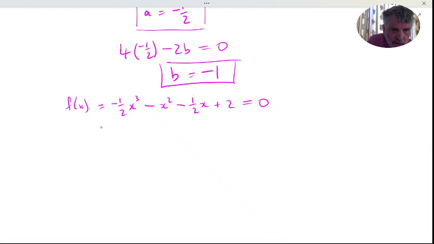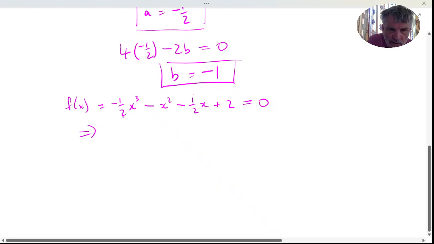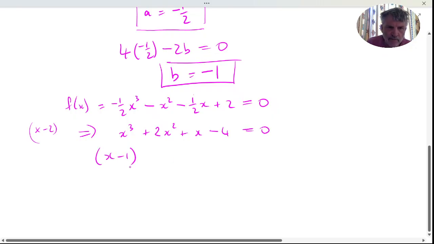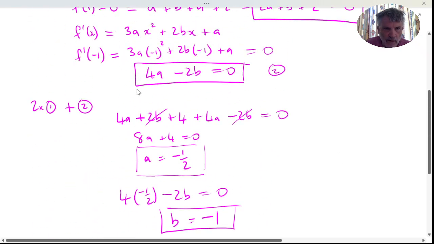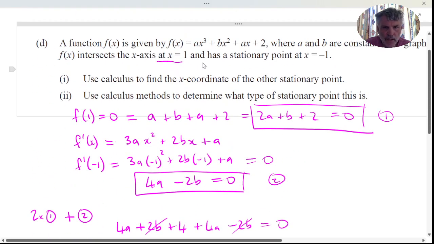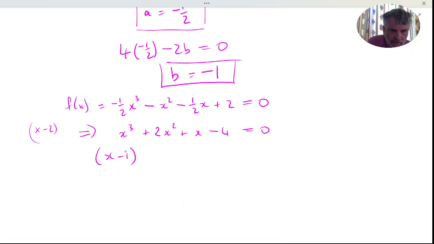So if I multiply by negative 2, I get x cubed plus 2x squared plus x minus 4 equals 0. And we know that negative 1 is a stationary point, so that's one factor.